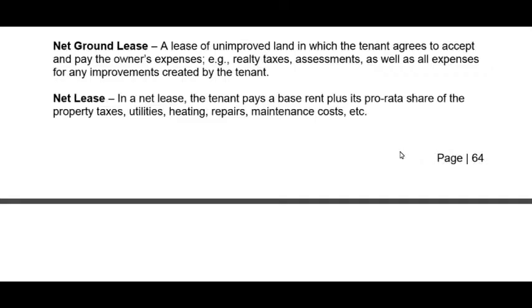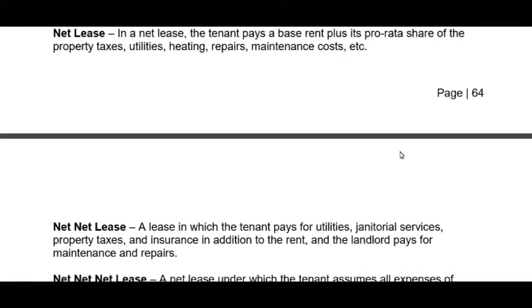A lease of unimproved land in which the tenant agrees to accept and pay the owner's expenses, for example, realty taxes, assessments, as well as all expenses for any improvements created by the tenant. Net lease. In a net lease, the tenant pays a base rent plus its pro rata share of the property taxes, utilities, heating, repairs, maintenance costs, etc.